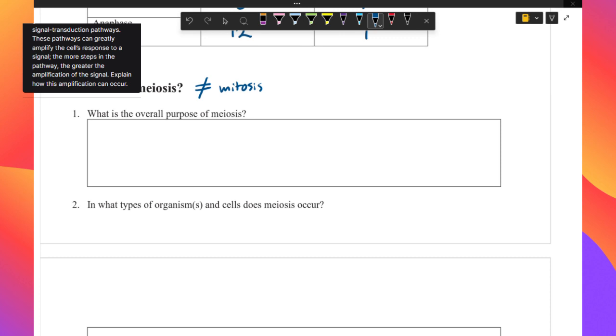The overall purpose of meiosis is to reduce the diploid chromosome number by half.